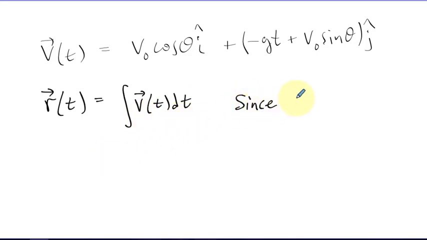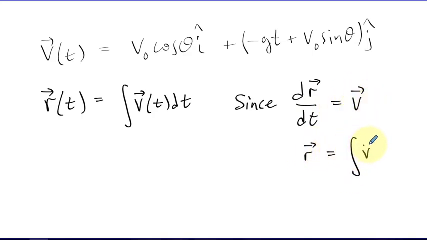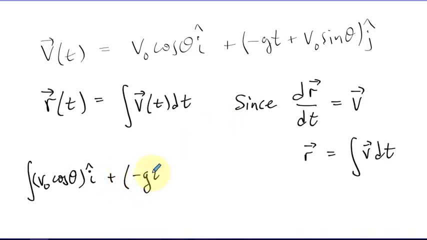And just another way to see it, the derivative of the position vector is the velocity, right? So if I want to find the position vector, I have to integrate the velocity. So if we integrate this velocity vector, we have two components. This is a constant in the i component, and we have this variable j component.